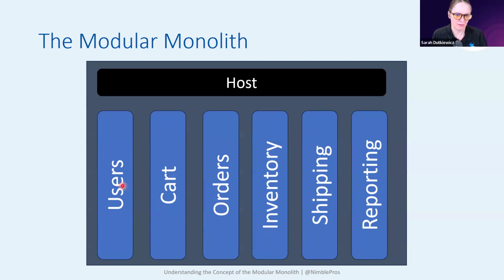Now, with the modular monolith, they could technically be stored in the same database, but the difference is then they would have their own schemas. So there'd be a user schema, cart schema, orders, and so on, which of course makes it a little bit easier for when you migrate out from the Modulith towards microservices. So having a shared database for a modular monolith isn't necessarily an awful thing. It just means that it has its own schema.